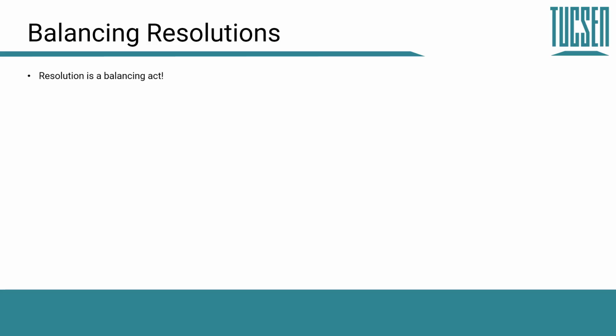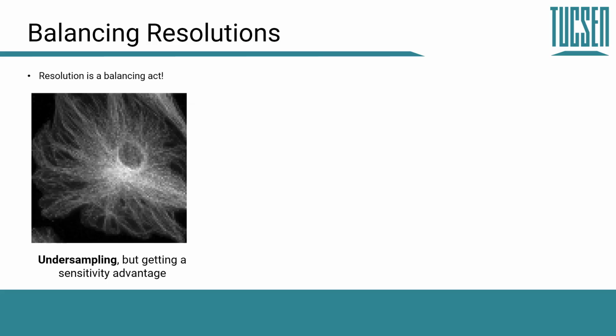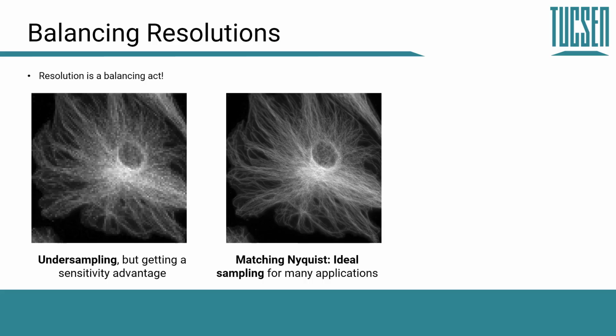So to sum up resolution, it is of course this balancing act. With undersampling, we have this degree of pixelation, but we get the sensitivity advantage that we talked about at the start. We have bigger pixels collecting more light. So if you're challenged for sensitivity, undersampling might be highly desirable in your application.